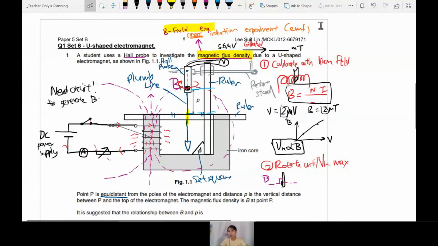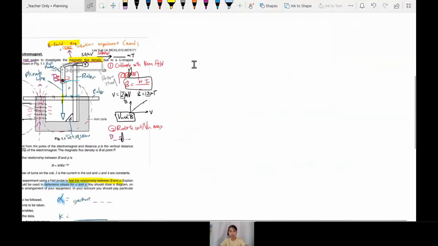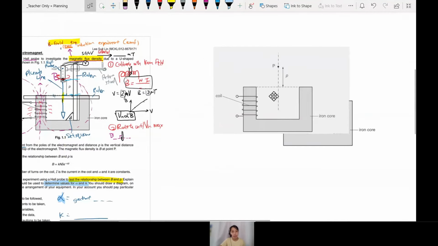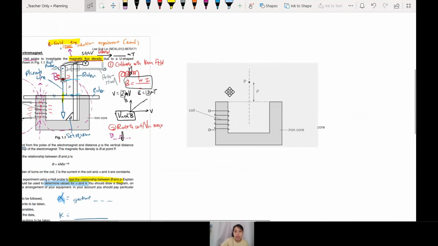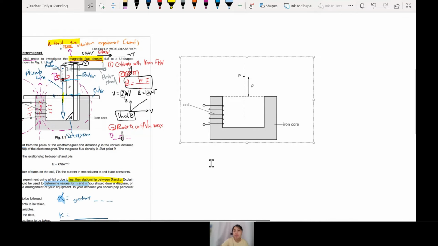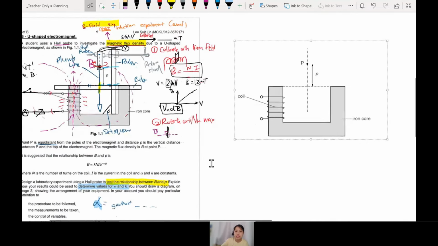Let's see. I'm going to paste here the exact same diagram, but now instead of measuring B and P, I want to study something else that involves the induced EMF.